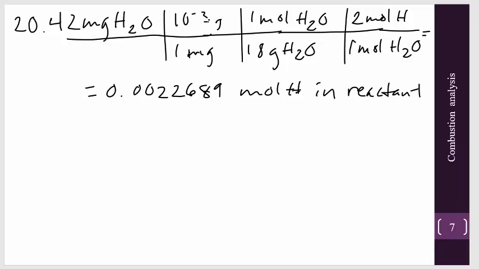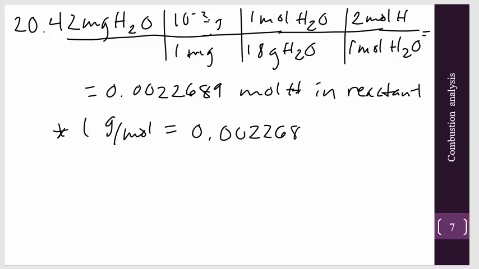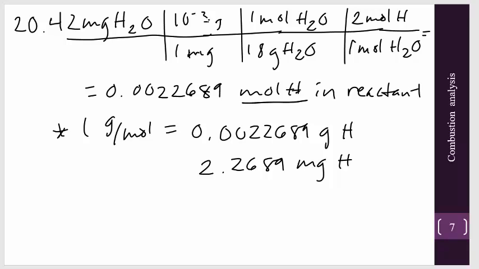So now we need to know the number of grams of hydrogen as well. So hydrogen is actually just 1 gram per mole approximately. So this gives us the exact same number of grams of hydrogen. And we can convert this also into milligrams. Milligrams of hydrogen. So now we have moles and grams, milligrams of hydrogen in the reactant.